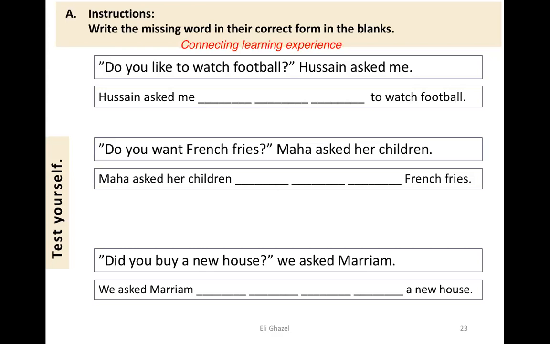Of course, we have to assume that if they read the word watch, they understand what it means, and they understand that do you like to watch football is a direct question. So we always have to assume that a lesson is going to start at a point that is connected to points learned before. Hence the reason we said incremental experiences that are connected.